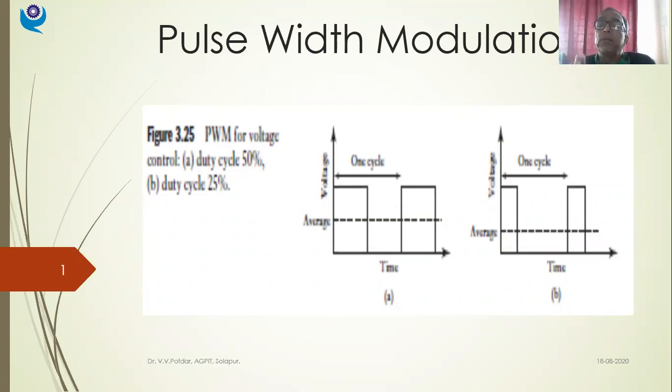So to avoid that, we chop down that transducer output voltage in the form of pulses.